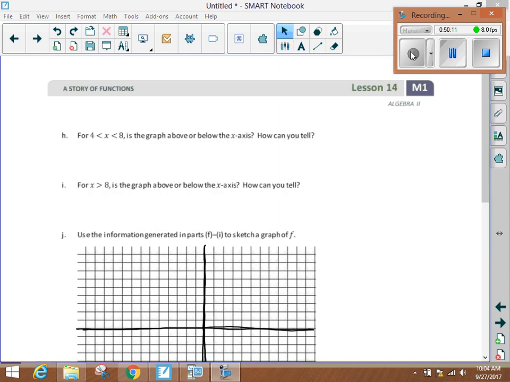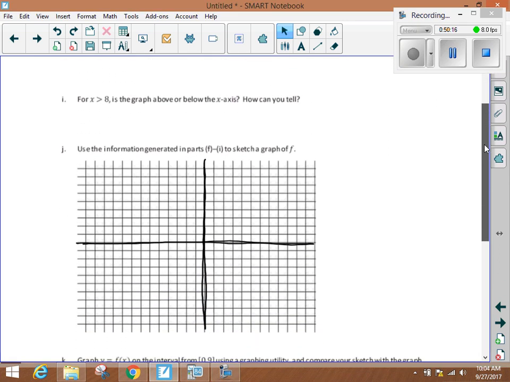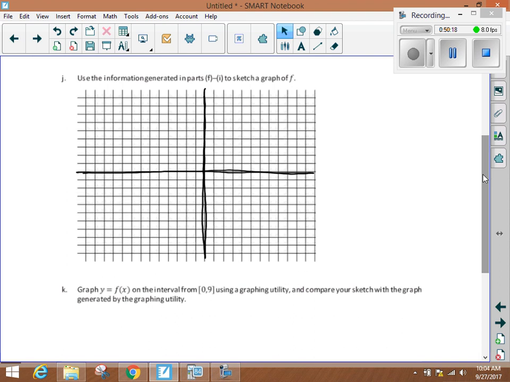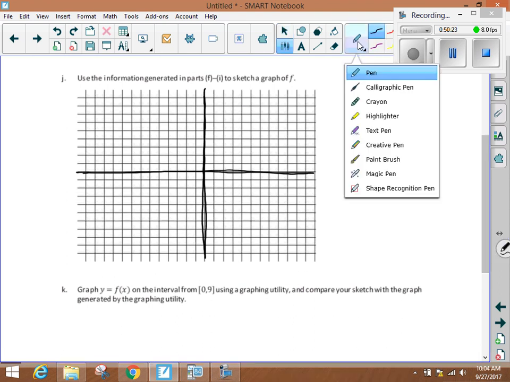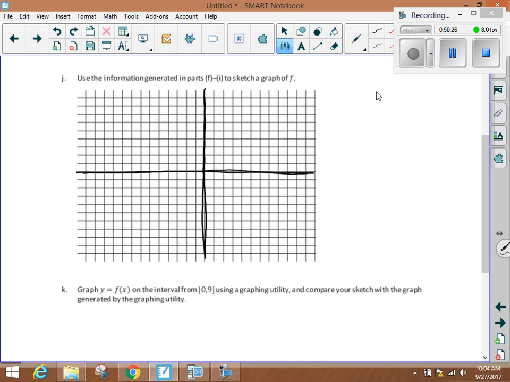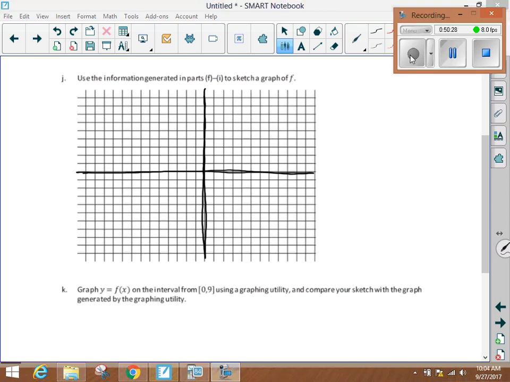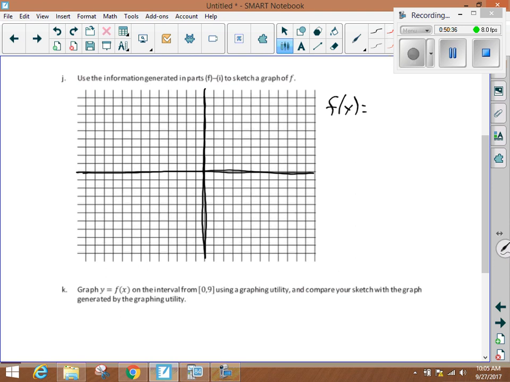Alright, so we've already answered h and i by plugging in certain values. So let's go ahead and sketch this. I'm just going to rewrite the function here in its factor form, because that's helpful. f of x was equal to x minus 4 times x minus 8 times x minus 1.